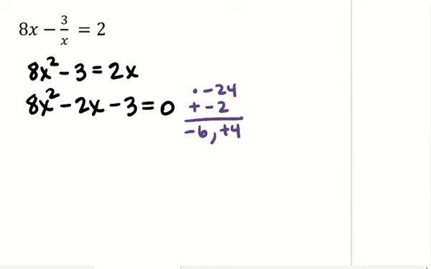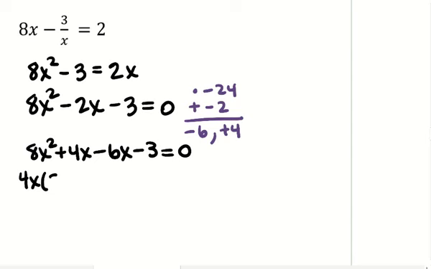So I've got 8x squared. I'm going to split the 2x into positive 4x and negative 6x. I factor by grouping: 4x times 2x plus 1 and a negative 3 times 2x plus 1.